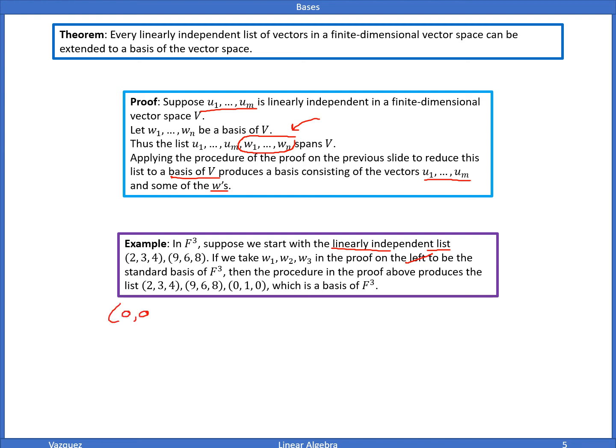Just a reminder, (1, 0, 0), (0, 1, 0), (0, 0, 1). So if you just apply that procedure, we just add a vector to it, which would be this one here. And now these three vectors are linearly independent, and we have three that span and are a basis of F3.